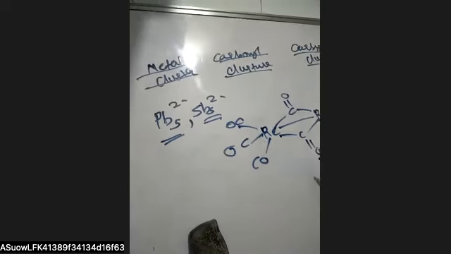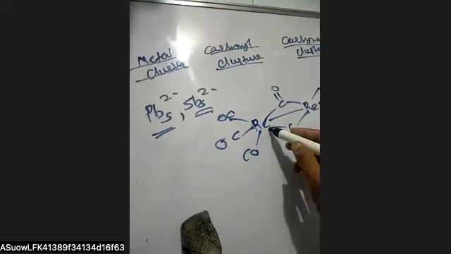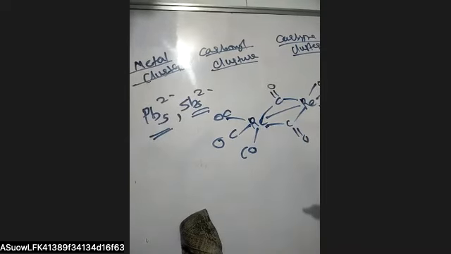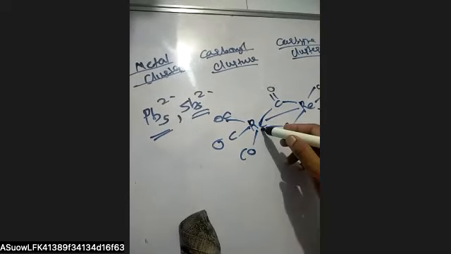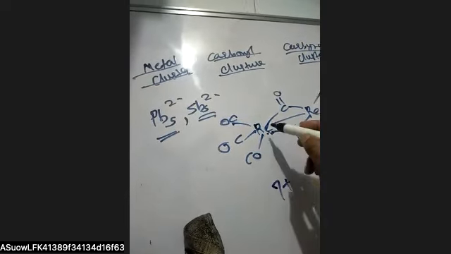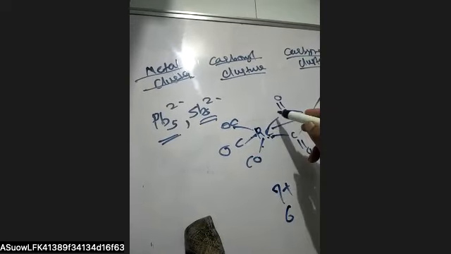To form the 18 valence electrons of this rhenium: 7 from rhenium, we pick 6 from it, 1, 1, 1, 3, so 16.